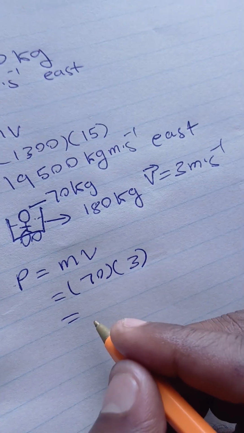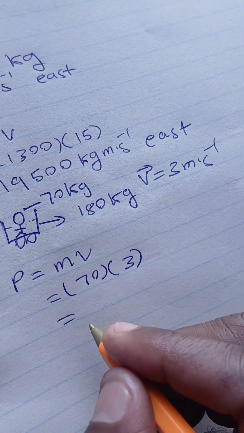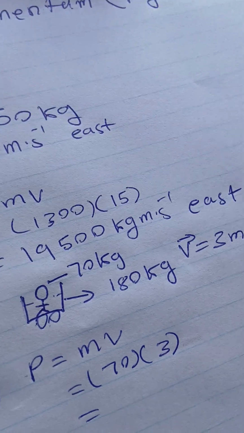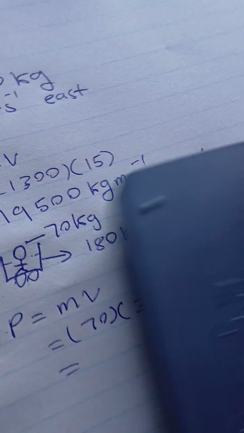So now you can say 70 multiplied by 3, let me open my calculator here.